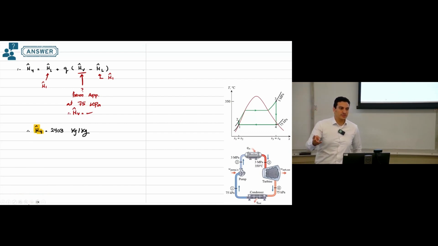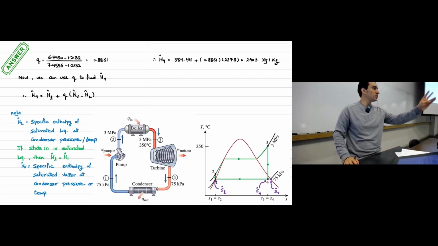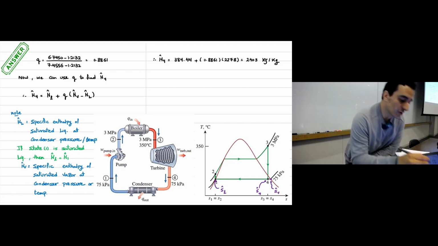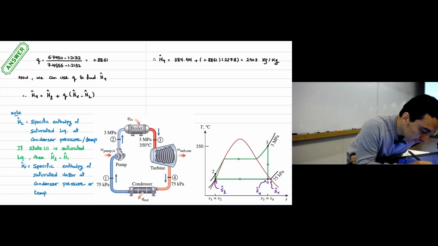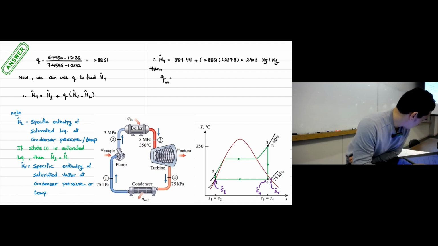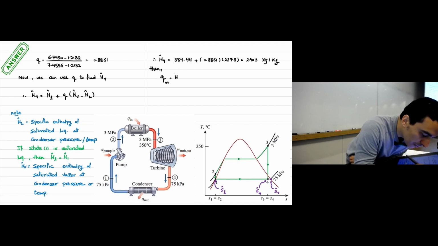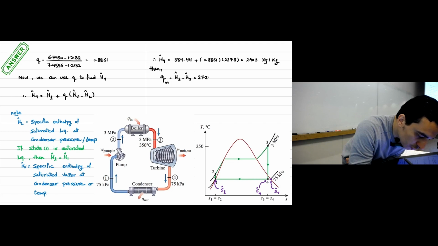Now we have 4 enthalpies, then we can use all of them to calculate thermal efficiency. So once you have H1, H2, H3, H4, basically you are done, because now we can find Qin. So Qin, this will be H3 minus H2. This will be 2728.6 kilojoule per kilogram.